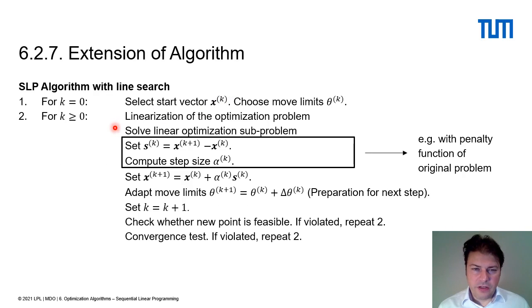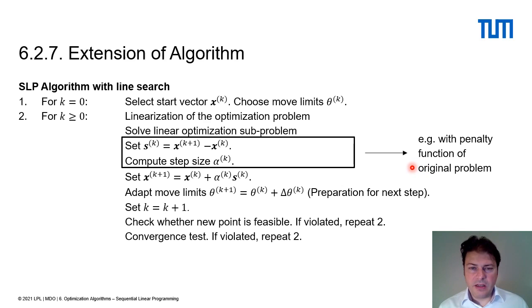There is an alternative algorithm where you do not jump directly to the solution of your linear optimization problem, but you use it only to define a search direction, and then you conduct a line search. And that line search could be enriched with a penalty function using the constraints of your original problem, and of course also your move limits.